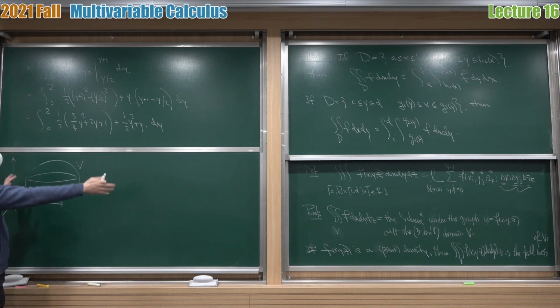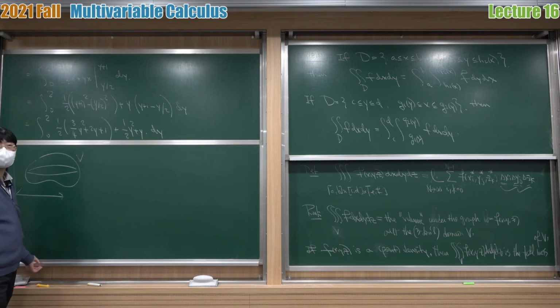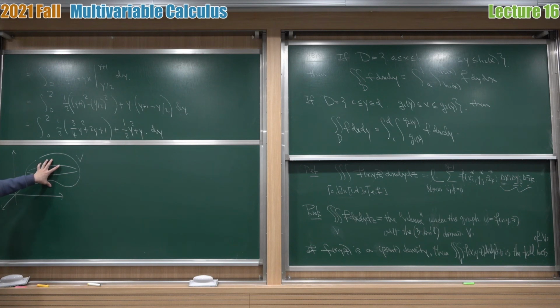No, I'm talking about the triple integral, not the iterated integral. How can you define the triple integral? How did we define the double integral? Before, we did the classical Riemann sum, which only applies to the rectangular domain. We have a non-rectangular domain. What do we do? What did we do? So let's say V is closed and bounded.